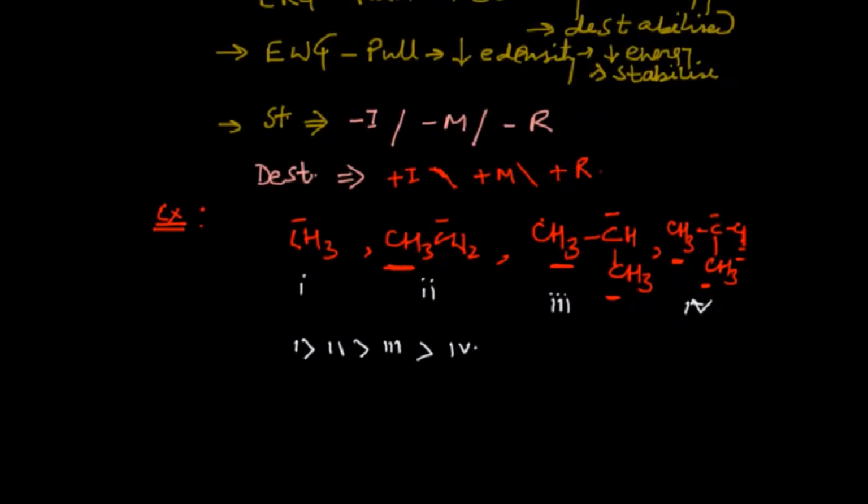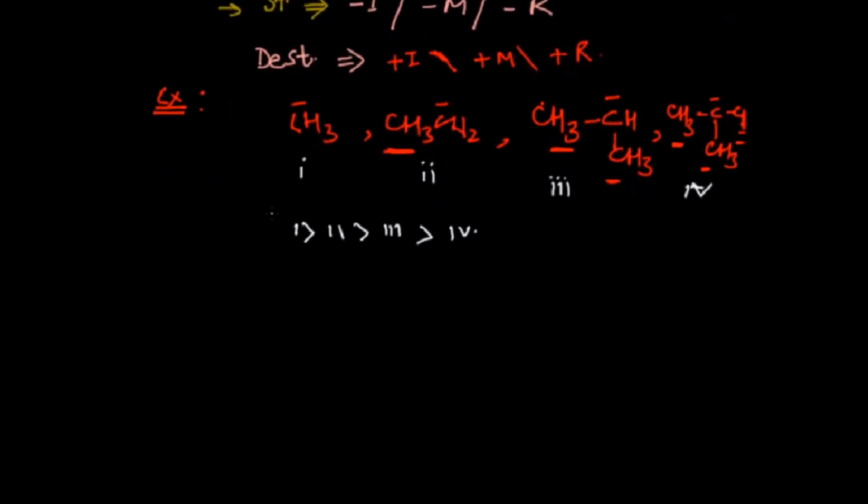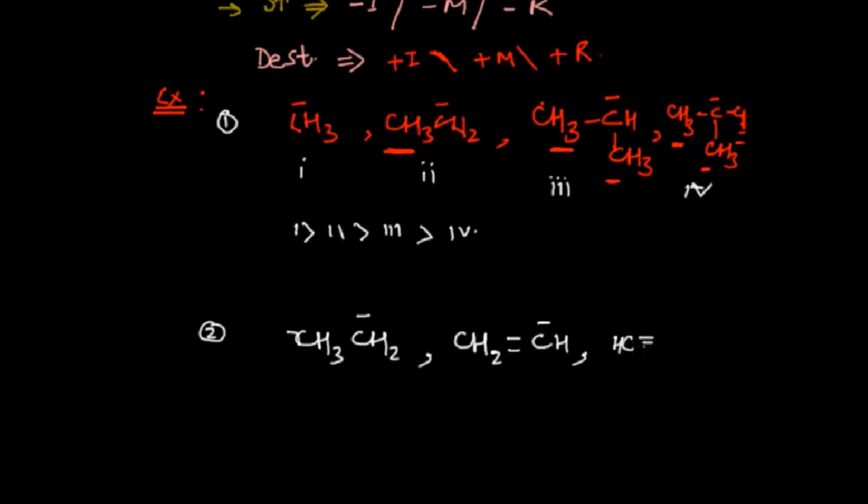Let us take another example: CH3CH2 minus, then CH2=CH minus, then HC≡C minus.